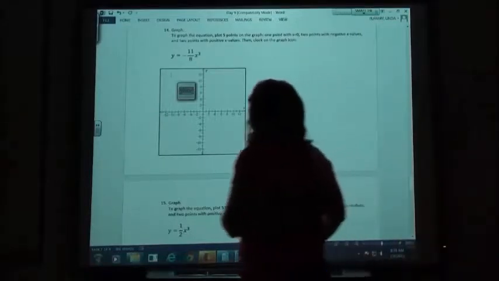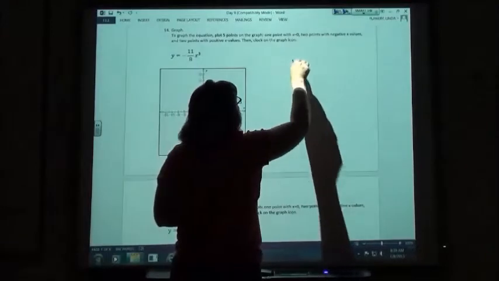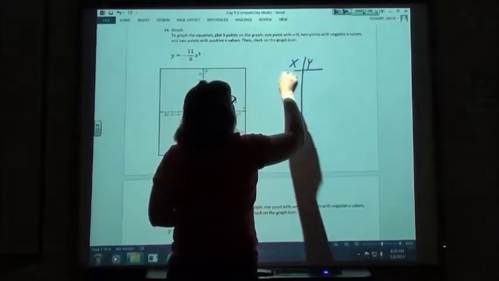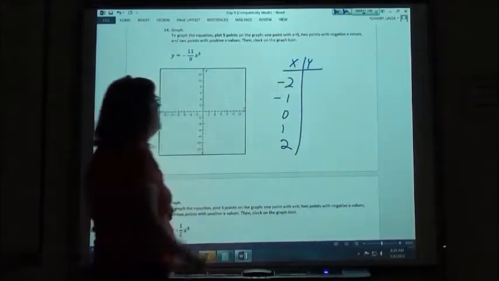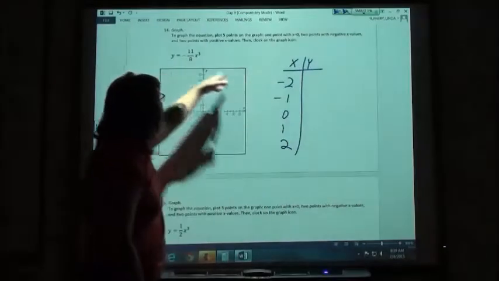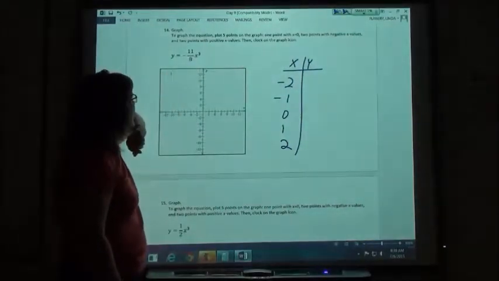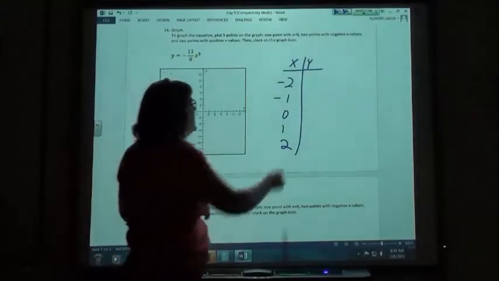Number 14 then, graphing y equals negative 11/8 x cubed. So again, we're just going to make our table, same values with 0 in the middle, and plugging our values in. I went in the other order this time, but it doesn't really make any difference. Negative 2 cubed is a negative 8. So a negative 8 and negative 8 would cancel out. I'm going to get a positive 11.